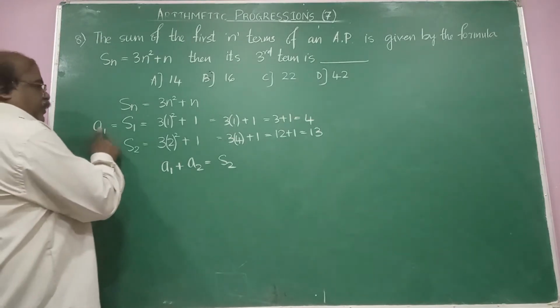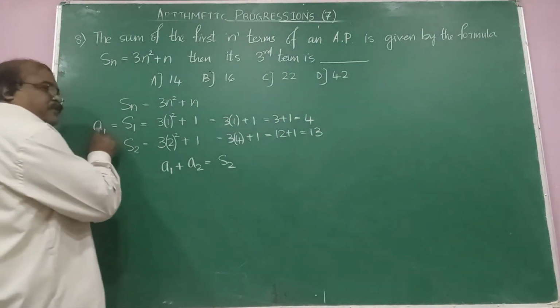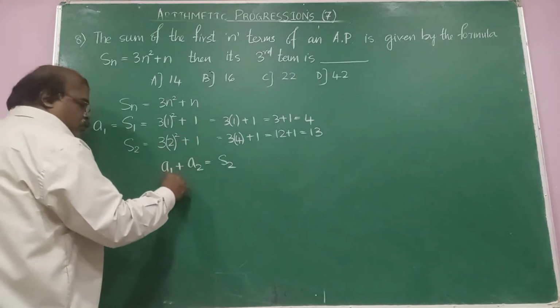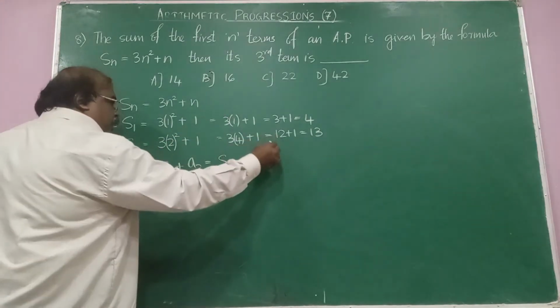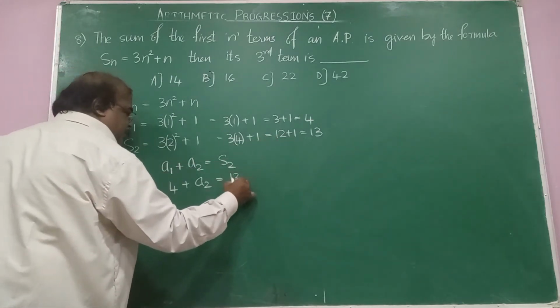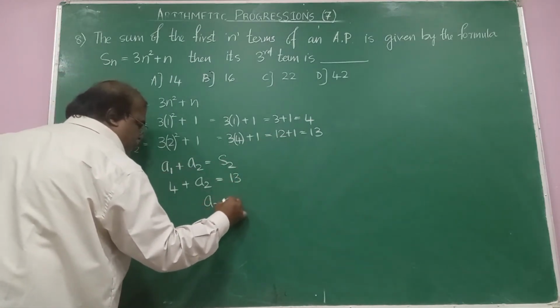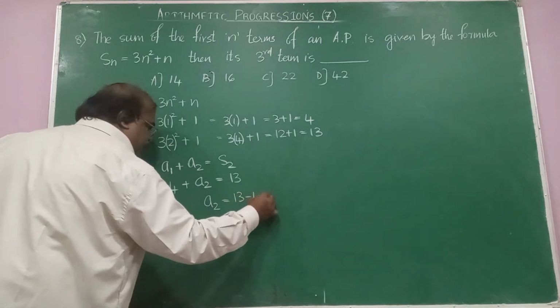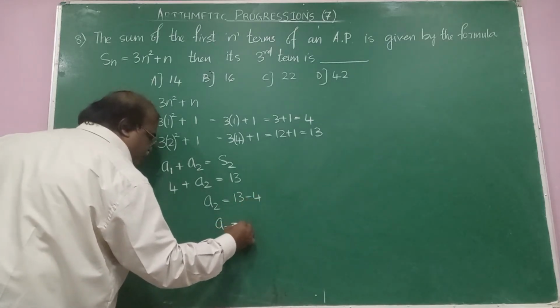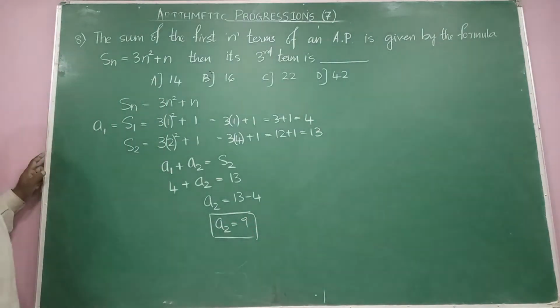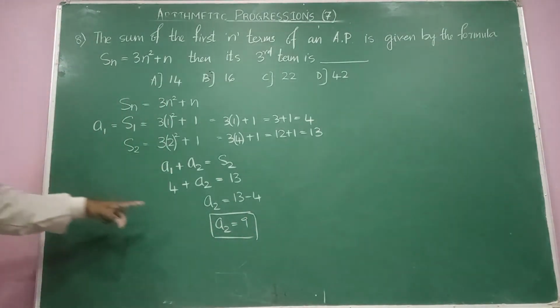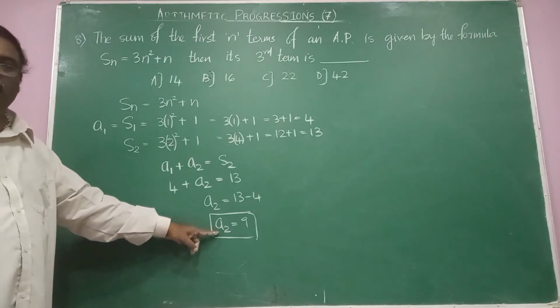You know what is A1? A1 and S1 is same. A1 is 4. What is A2? I don't know. The value of S2 is 13. So A2 I know is 13 minus 4. So I have come to the conclusion that A2 is 9.